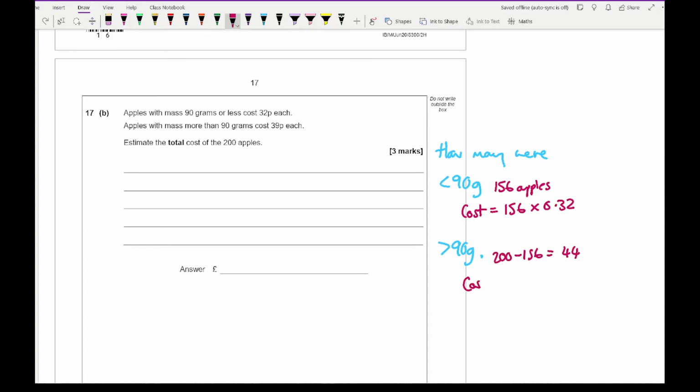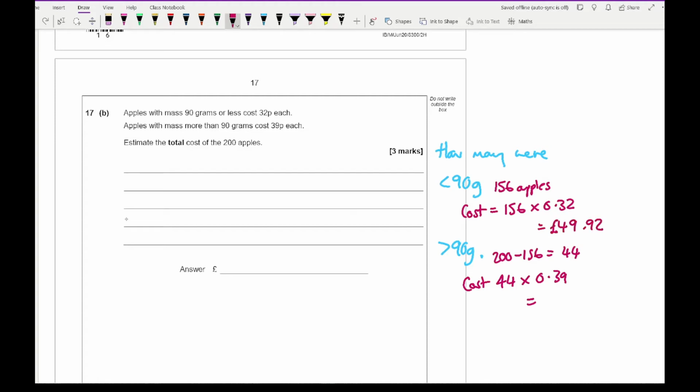So then the cost is going to be 44 times 0.39. So on my calculator, I work those out. 156 times 0.32 gives me an answer of £49.92.